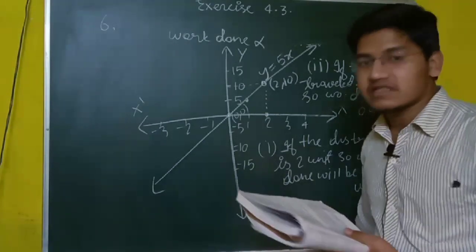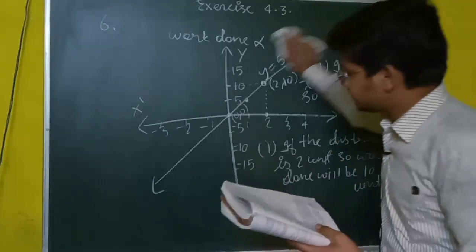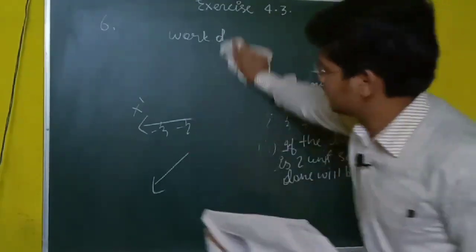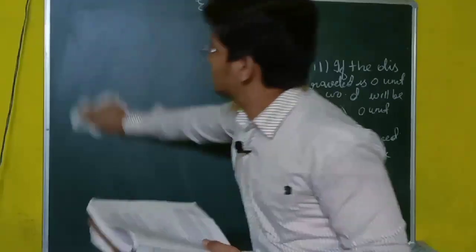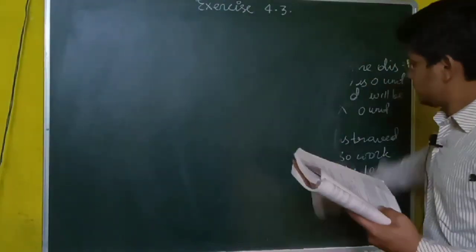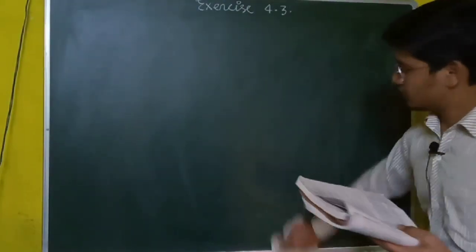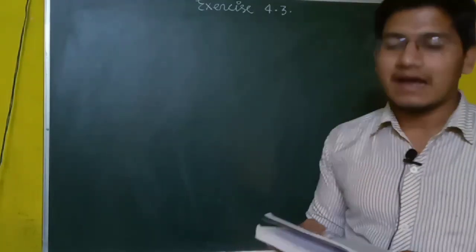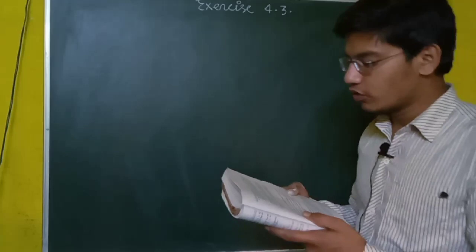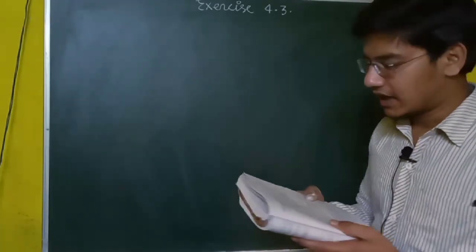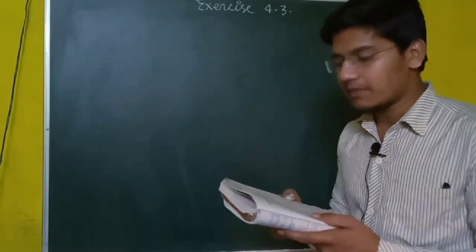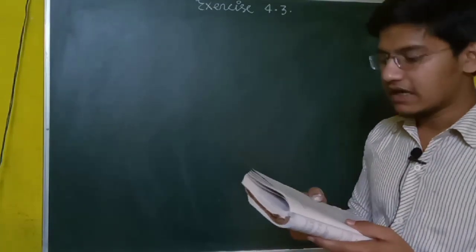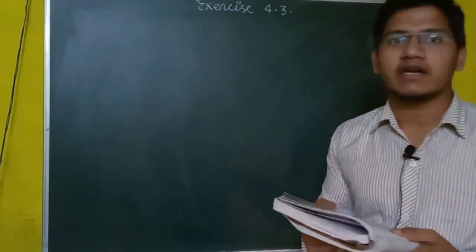Now question number 7, they are asking: Yamini and Fatima, two students of class 9 of a school, together contributed rupees 100 towards the Prime Minister's Relief Fund to help the earthquake victims.